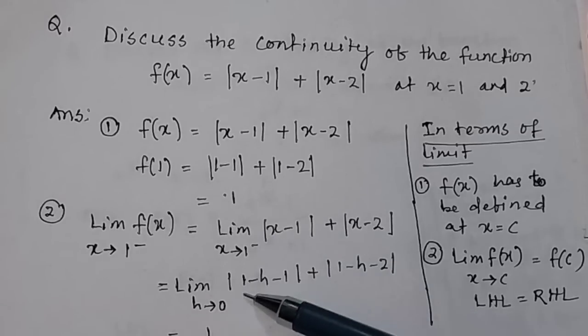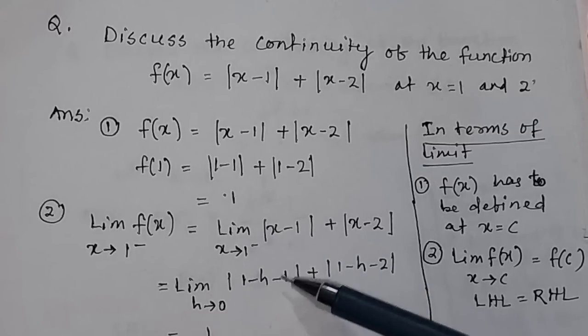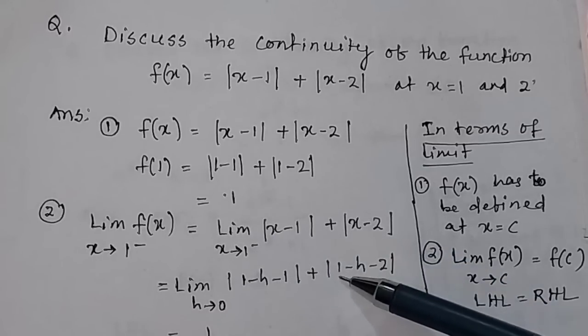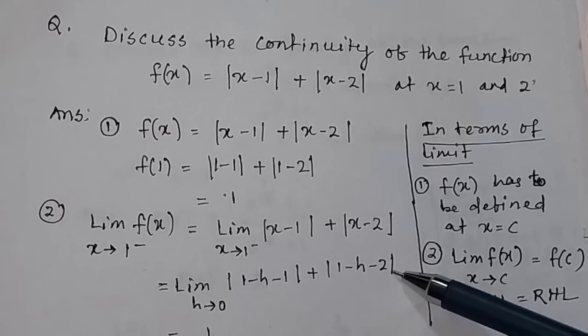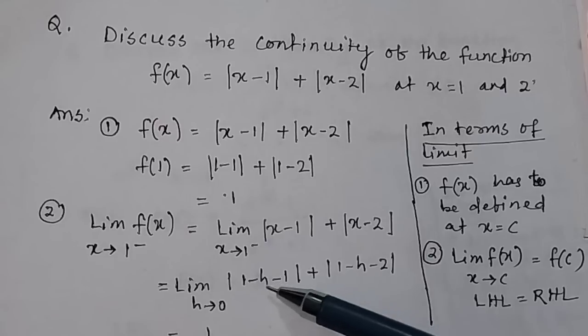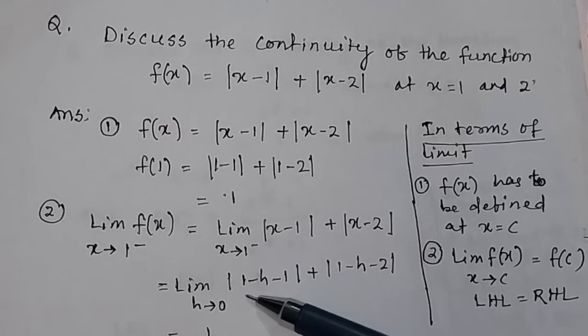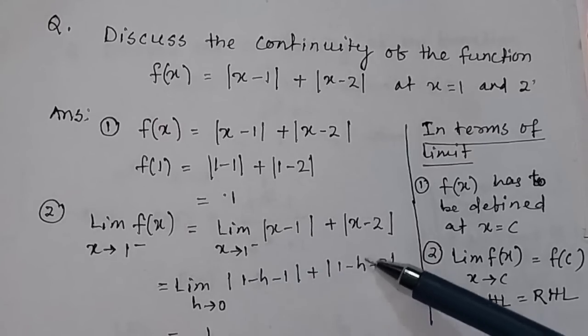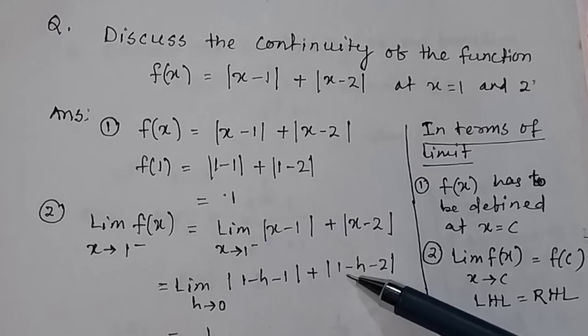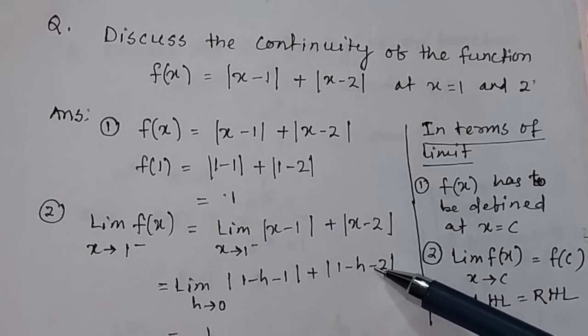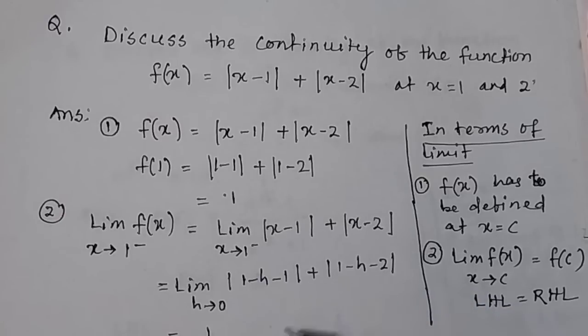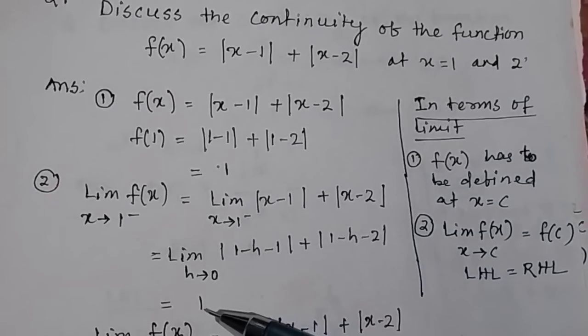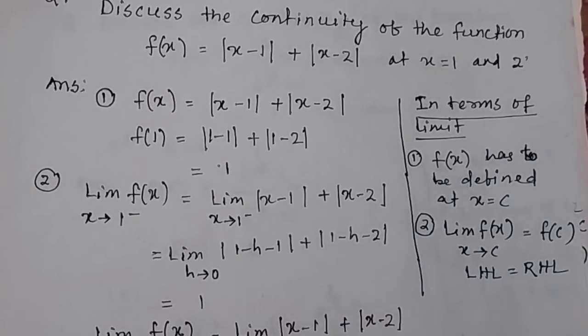So put x equal to 1 - h - 1, and here also x equal to 1 - h - 2. So 1 - 1 is 0, h approaches 0, so this term is equal to 0, and this term will be 1 - 2, that is equal to -1, so modulus of -1 is equal to plus 1.